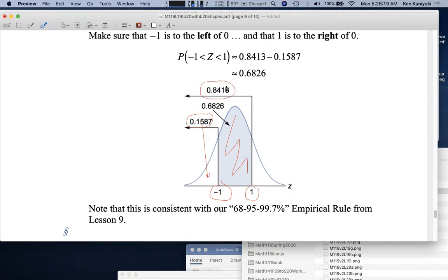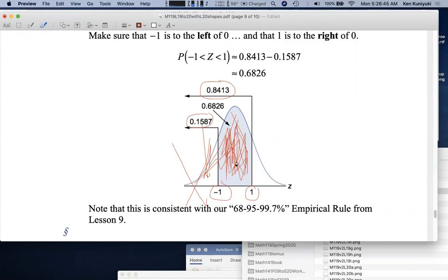What do we do with these probabilities or areas? We subtract them to get the 0.6826 because the area I want, this blue shaded area, is going to be the area to the left of the positive one, all of this, but I want to subtract that left tail area in white, the area to the left of -1, the 0.1587. So I just want the stuff in the middle.